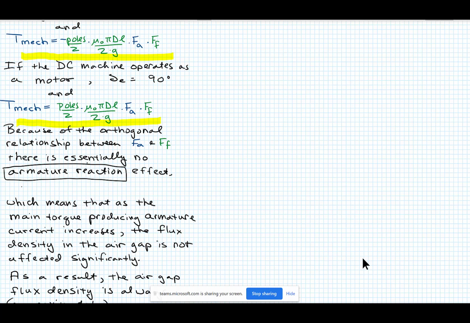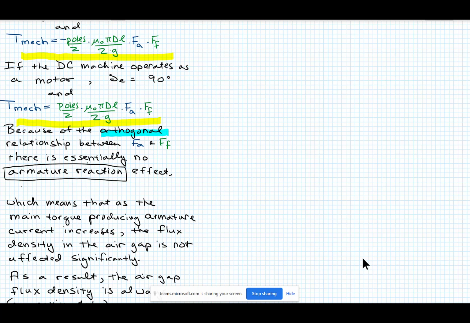Now, because these two MMFs are orthogonal, and I want to make sure you understand what orthogonal means: it means a 90-degree angular difference.